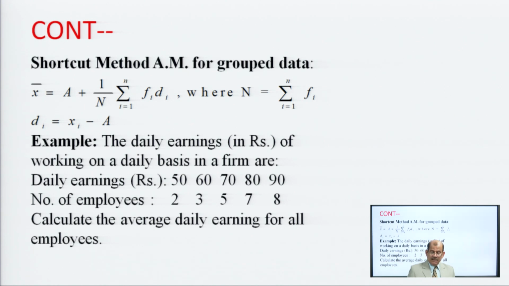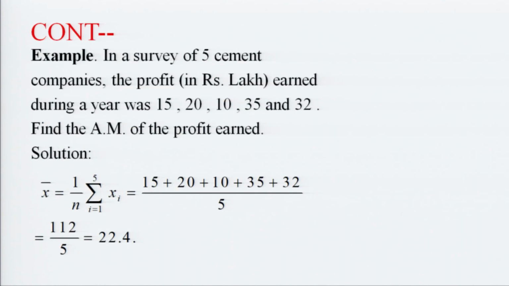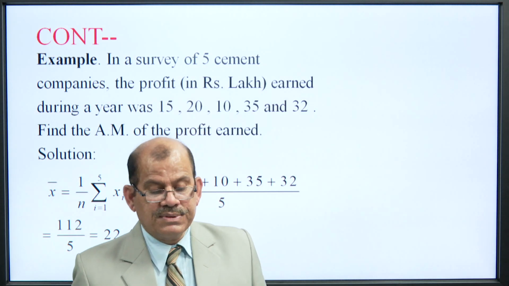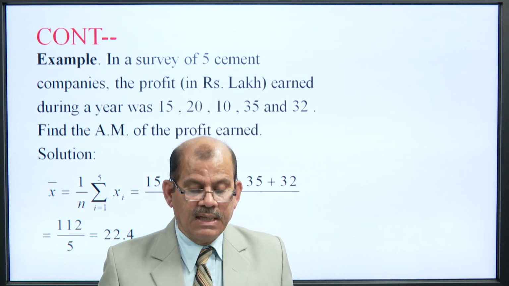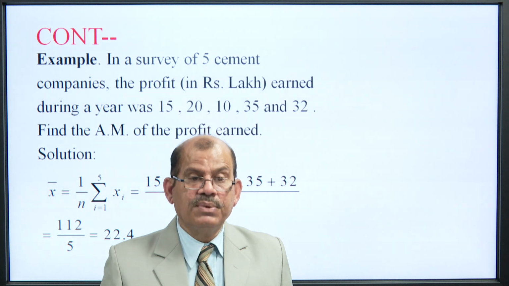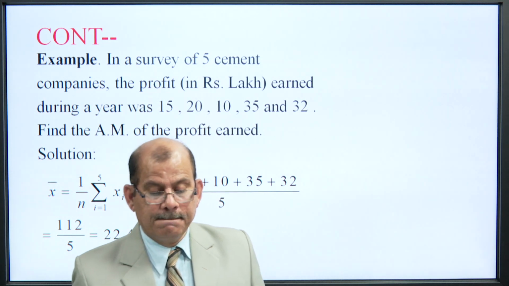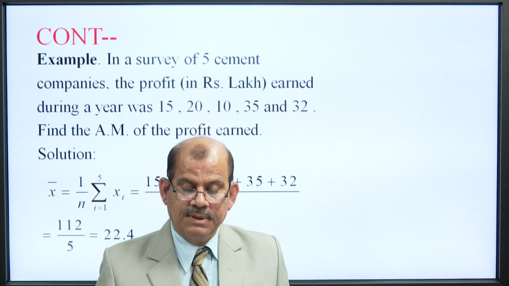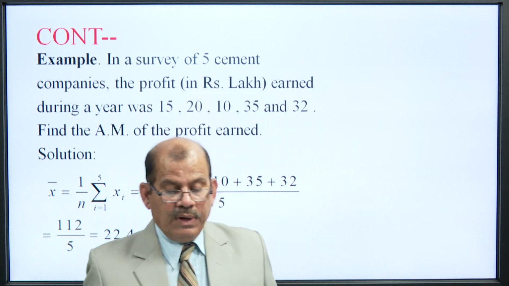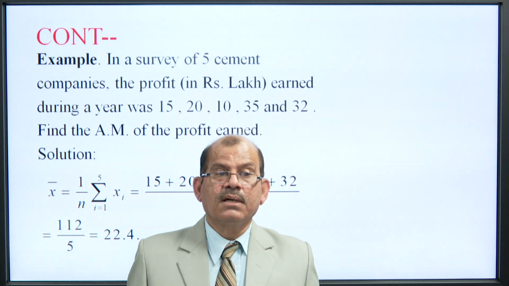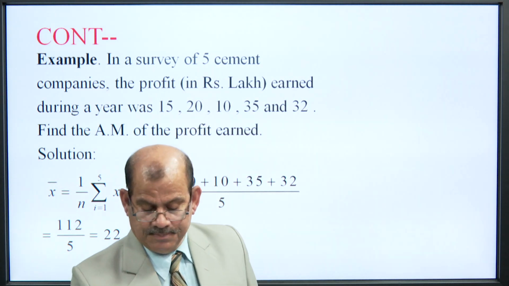The formula. In a survey of 5 cement companies, the profit in rupees earned during a year was 15, 20, 10, 35 and 32. Find the arithmetic mean of the profit earned.